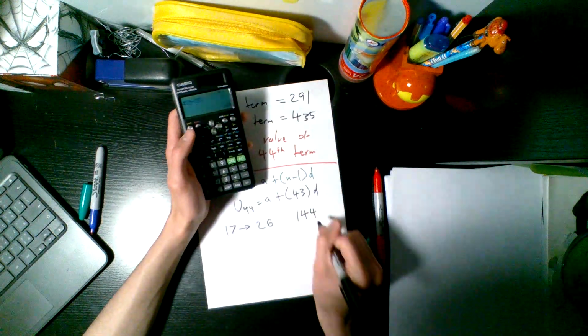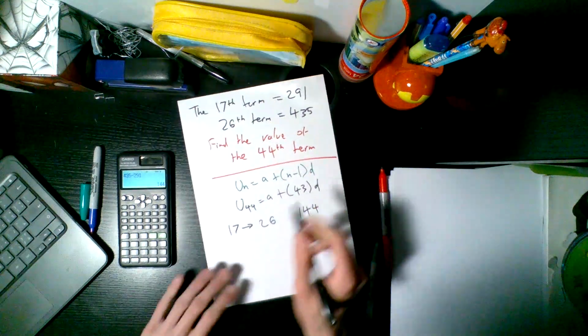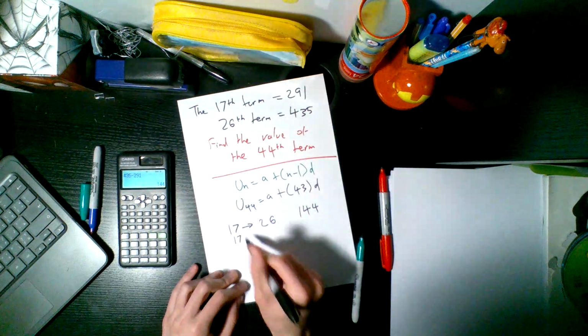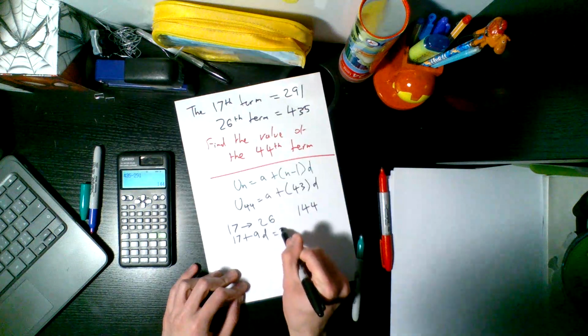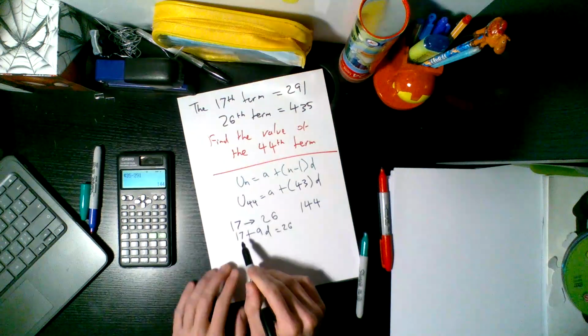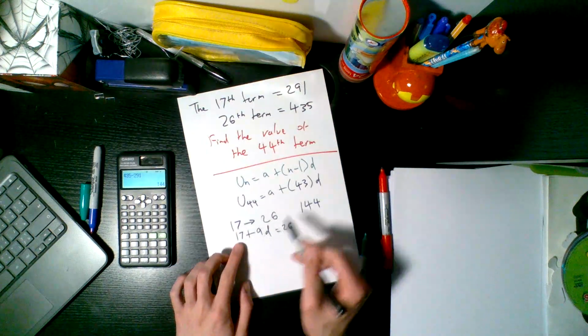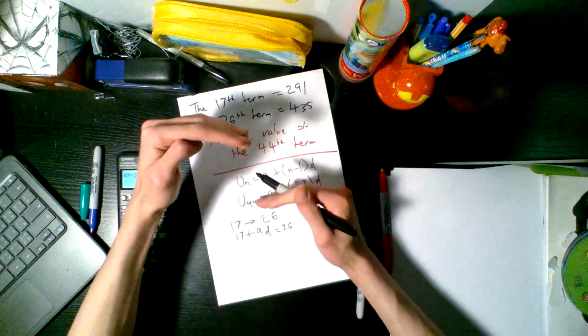The 17th term plus 9d is the 26th, because each time you go up, for example to the 18th term, you add 1 difference, then to the 19th another difference.